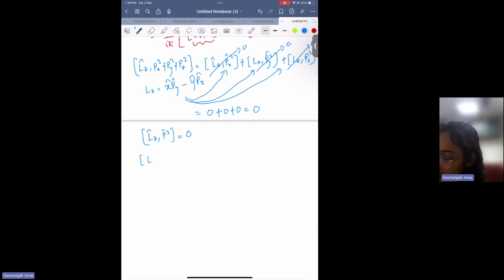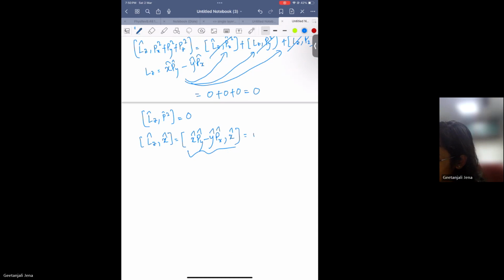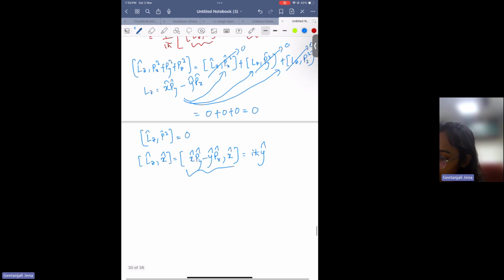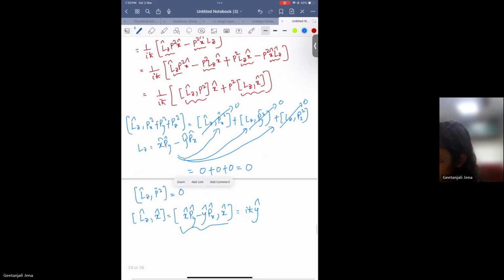Now let's see the second term, which is Lz with x. Similarly, we have to use the expression for Lz, which is x Py minus y Px. Solve it. If we solve it, then we will get iħ y. So that means this is the second term.